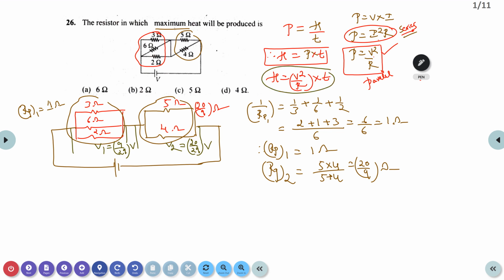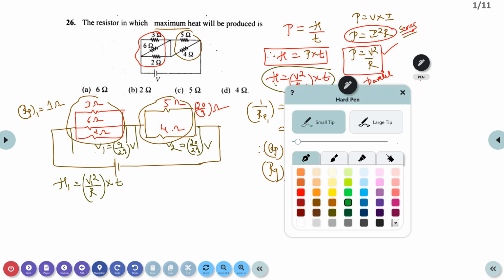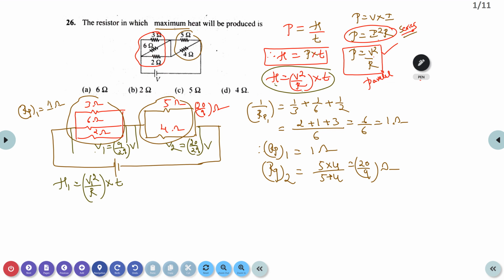For this resistor, H1 equals V1 square divided by R into T. Now the question is, which resistance do you have to use? You see, H and R are inversely related. If R is low, then heat generation is maximum.